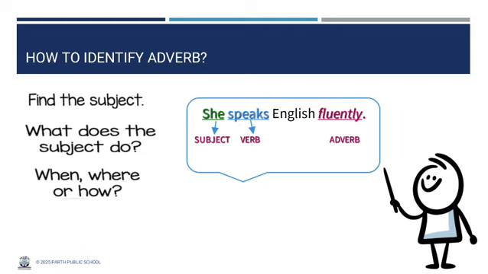She speaks English fluently. So she is the subject of the sentence. Speaks is the verb or action. And how does she speak? She speaks fluently. So here fluently is the adverb that describes the way of speaking.